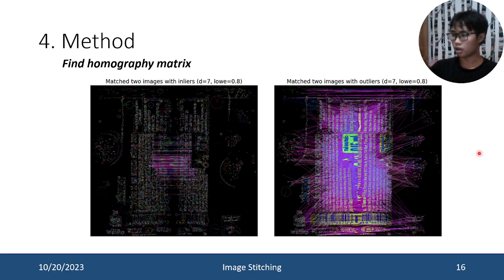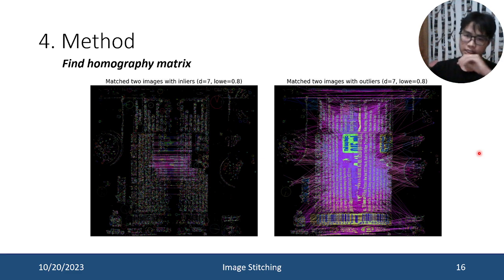So then these valid matches will be used to find the homography matrix. Finally, the second image will be warped in perspective according to the first image by using that homography matrix.